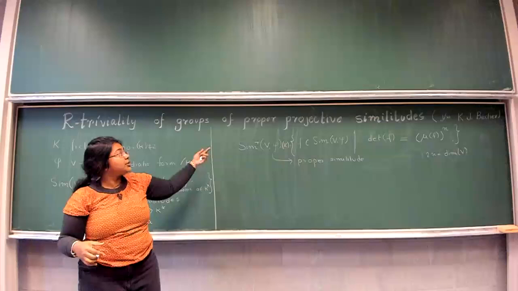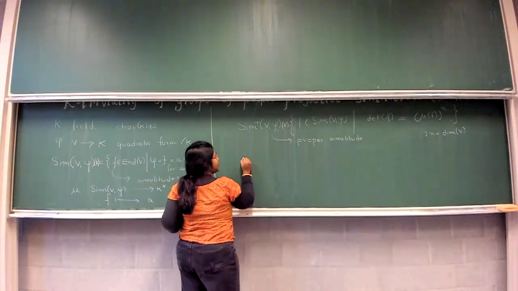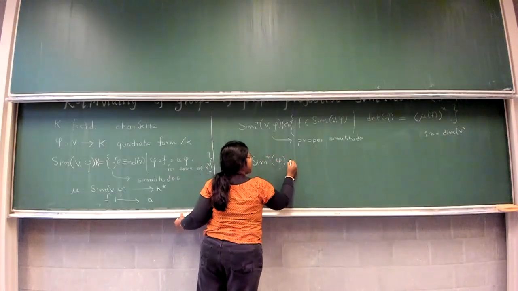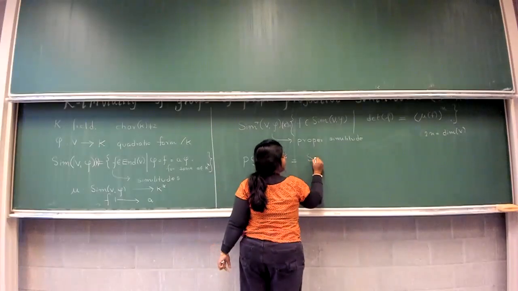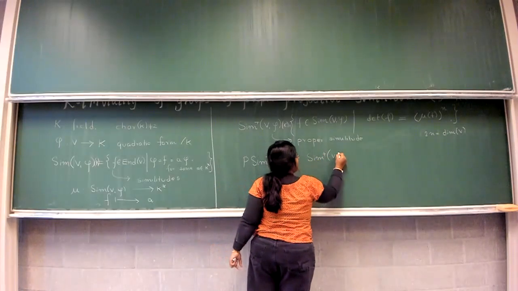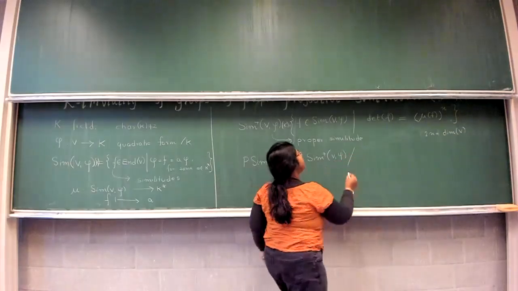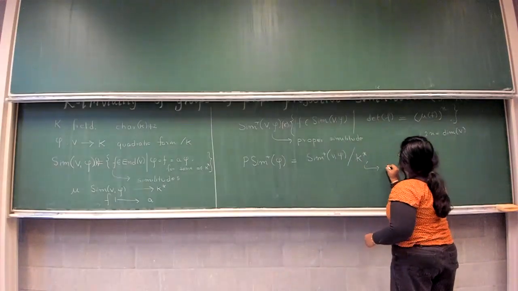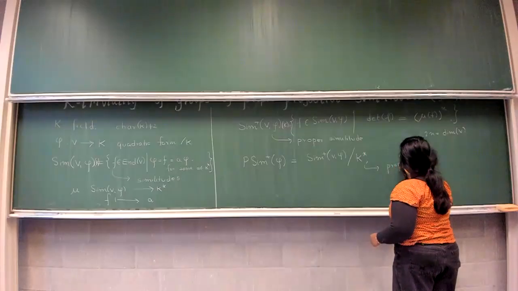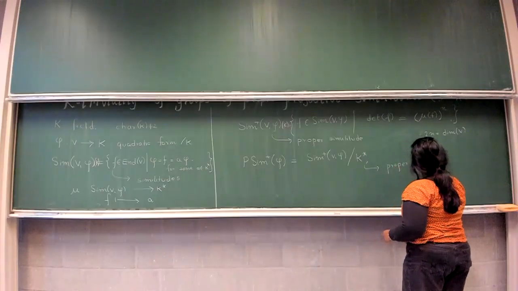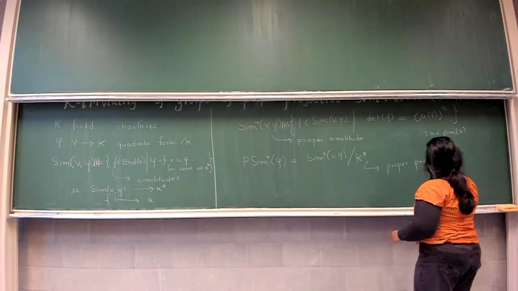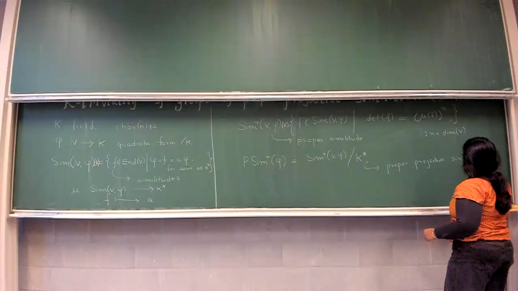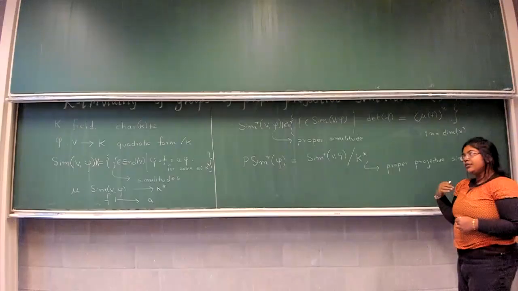In our chapter we have looked at the projective similitude. That is nothing but we quotient by the scalars.